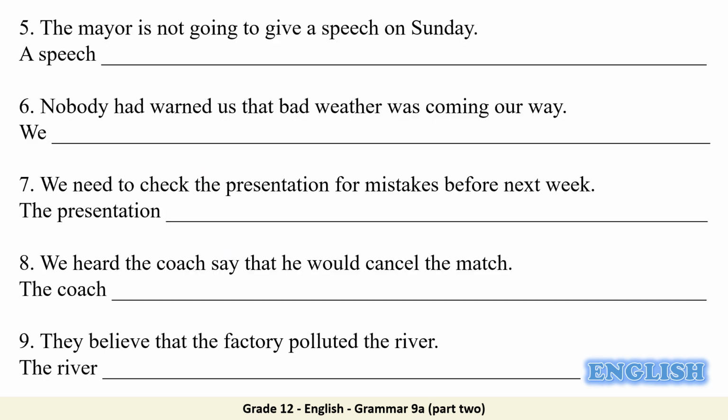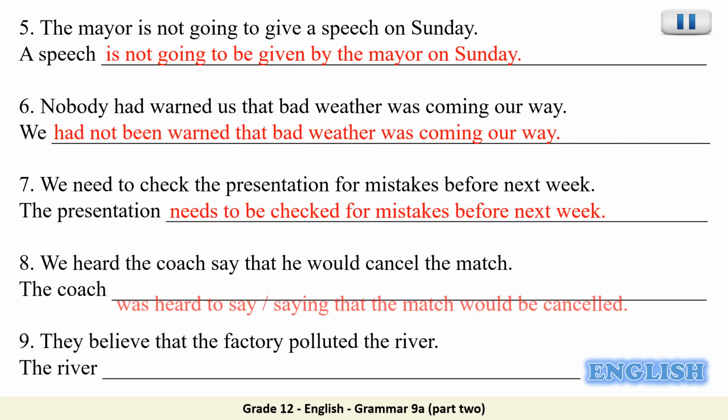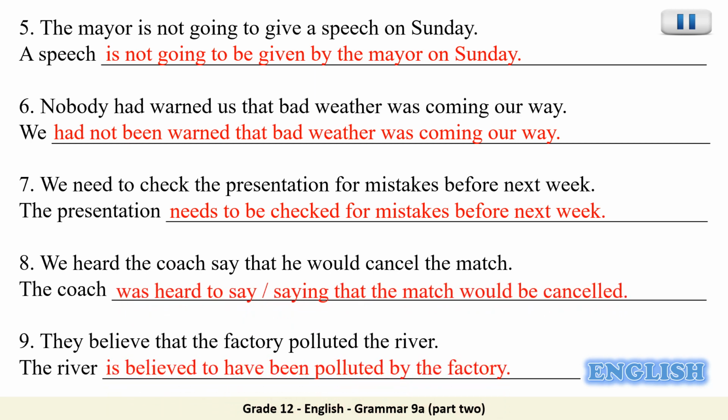Great. Some more examples, some more questions. Pause the video and answer. Here are the answers. You can just refer to both the rule we have taken and the answers to these questions.